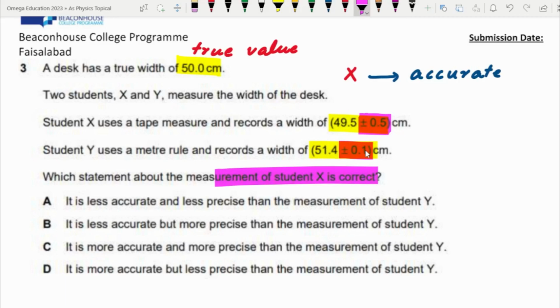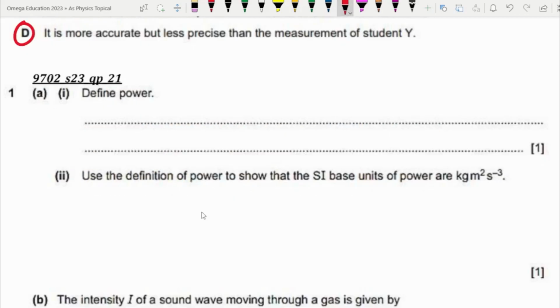So student X has less precision, but he is more accurate. So we're left with option D. Alright, let's move on to the next one.